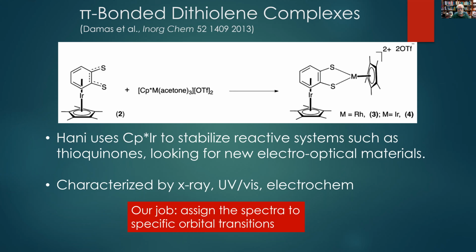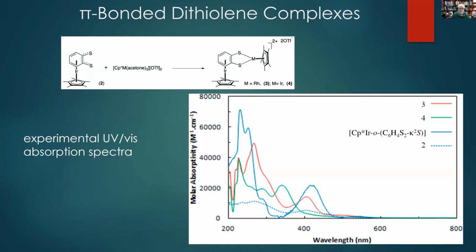Our job was to figure out what the orbitals were, where the electron is that's responsible for the brightest UV vis transition, the transition associated with the primary change in electronic state in the molecule. And what we're looking at here is the experimental UV vis spectra obtained for absorption in 4 complexes related to this experiment.